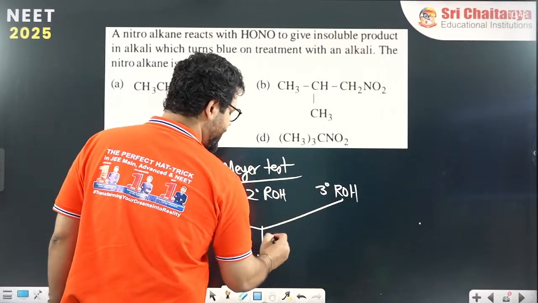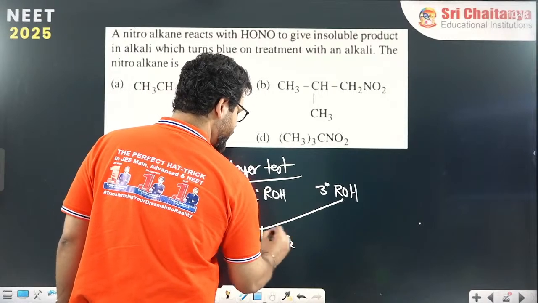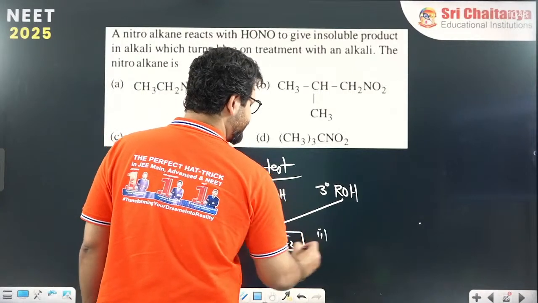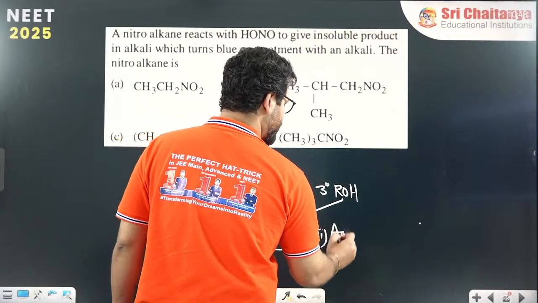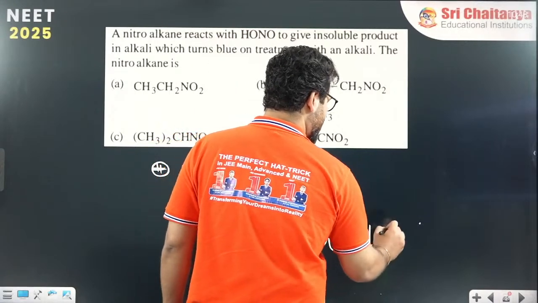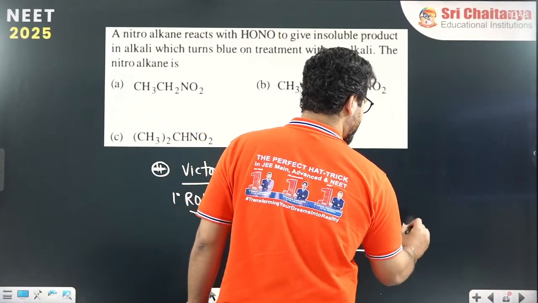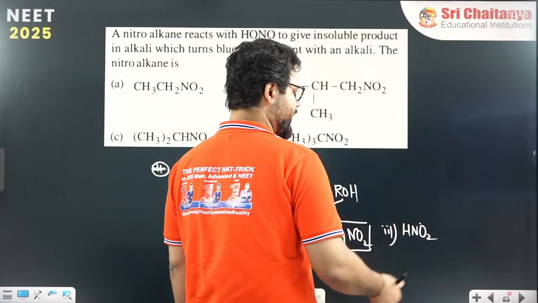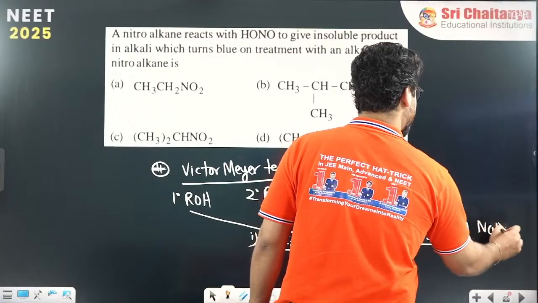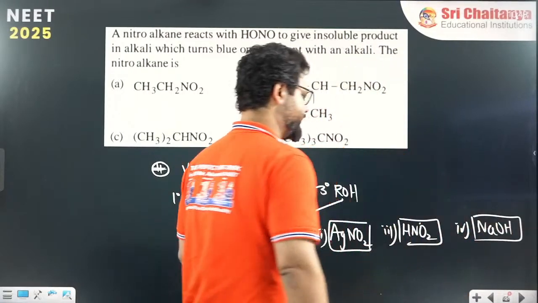First you add P plus I2. Then you add AgNO2. You will get a nitro compound. Then you add HNO2, meaning nitrous acid, and then you add alkali, NaOH, and observe the color.